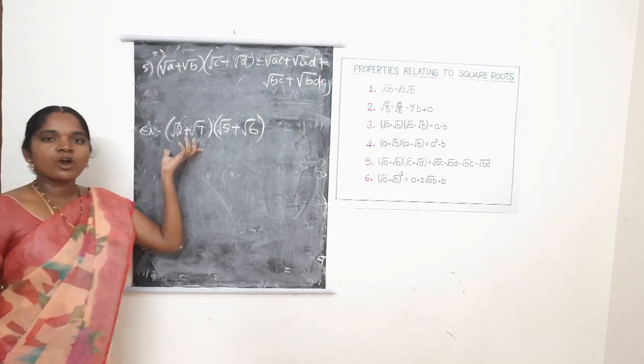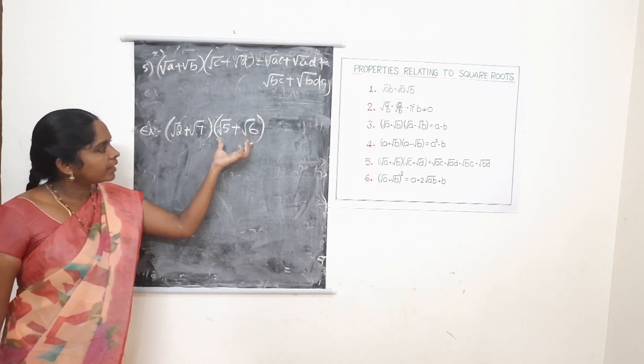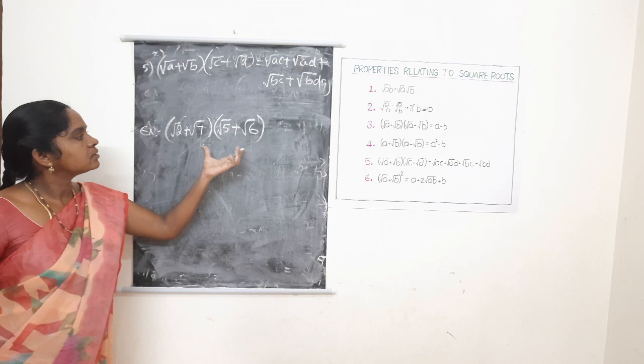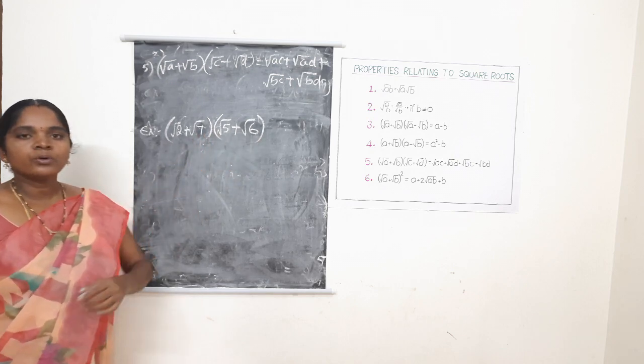So this is one binomial expression, this is another binomial expression. How do we multiply these two binomials?